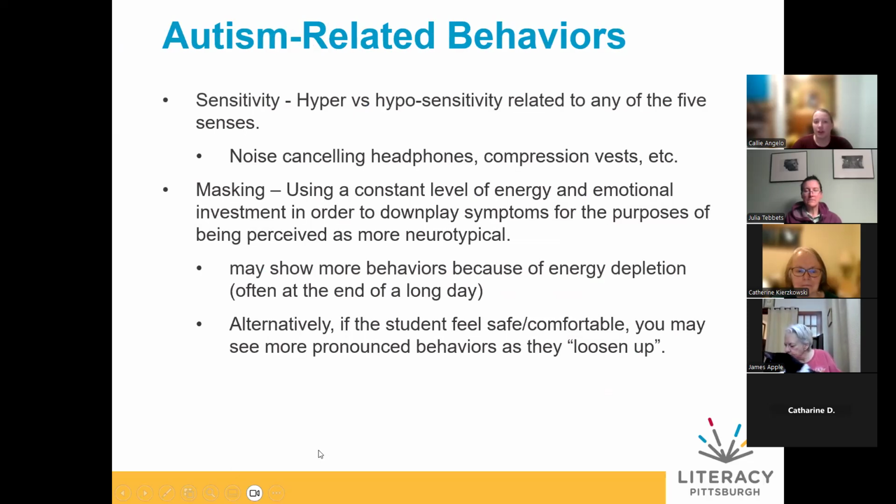One other behavior here that you may encounter is sensitivity, whether hypersensitivity or hyposensitivity. That can be related to any of the five senses. And you may see this as a student asking to use headphones frequently, maybe coming with specific clothing, compression vests, or other materials meant to take away some of the edge of what they're experiencing.